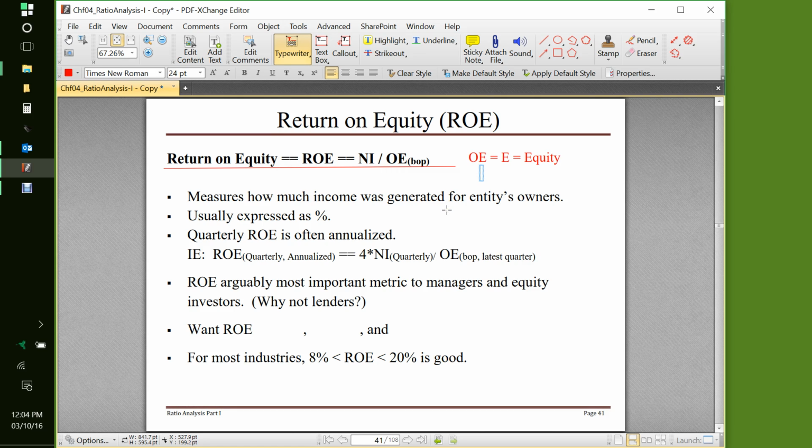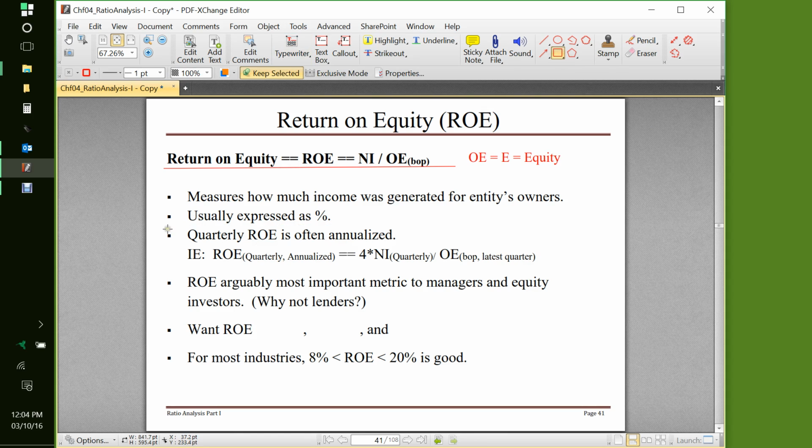And so what's this measuring? This is measuring how much net income or profit was generated for, who's the equity represent? The entity's owners, okay? And here, as with all of our ratios, when we're looking at quarterly, we're going to annualize, okay?